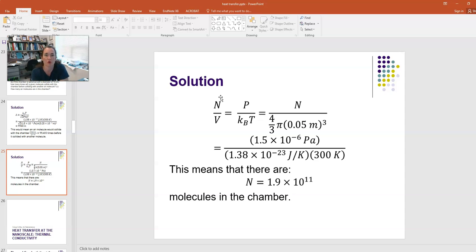The pressure is 1.5 times 10 to the minus 6 Pascal. k is 1.38 times 10 to the minus 23 joules per Kelvin, and T is 300 Kelvin, the temperature. So plugging all that into our calculator and solving for N, we can see that there's 1.9 times 10 to the 11th molecules in the chamber, which really isn't very much, okay? The pressure is pretty low. All right.